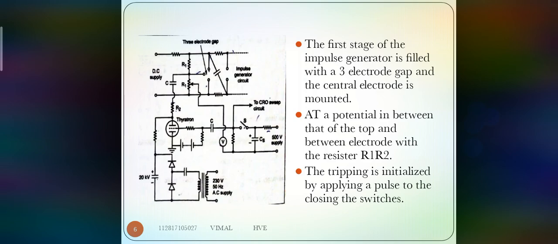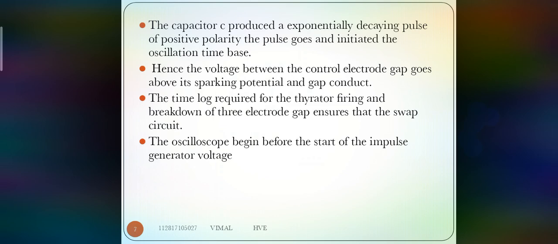This circuit is now explained. The capacitor C is provided with an exponentially decaying pulse of positive polarity. The pulse initiates the oscillation time base, hence the voltage across the control gap goes above its spark potential and the gap conducts.